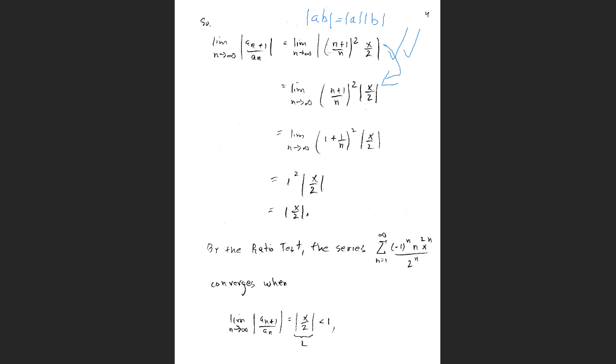And then n plus 1 over n can be written as 1 plus 1 over n. And as n goes to infinity, that part's going to go to 1 squared. The absolute value of x over 2 just stays as is because that's not affected by n. And the limit will give you the absolute value of x over 2.